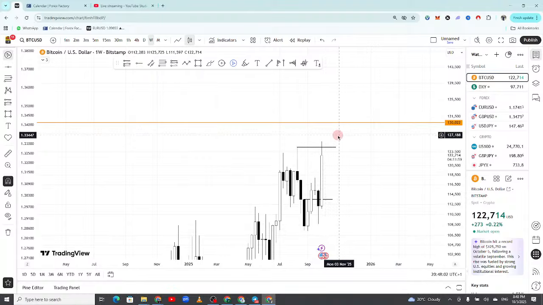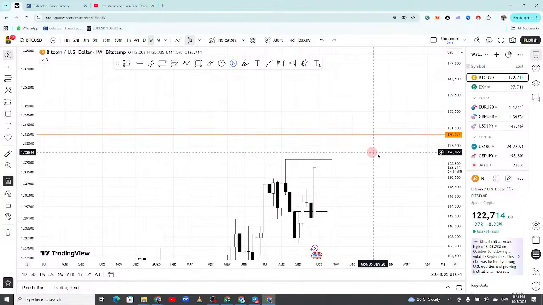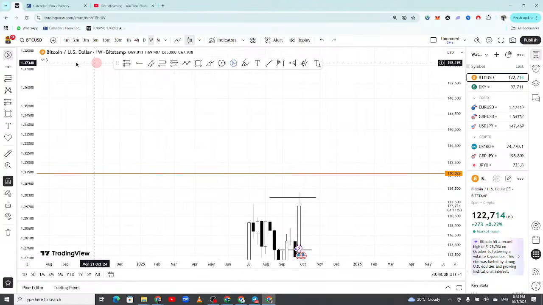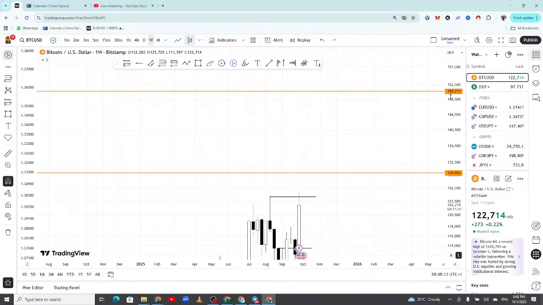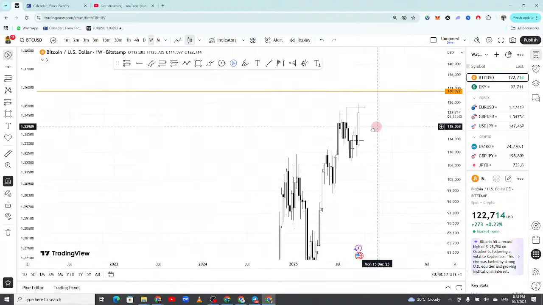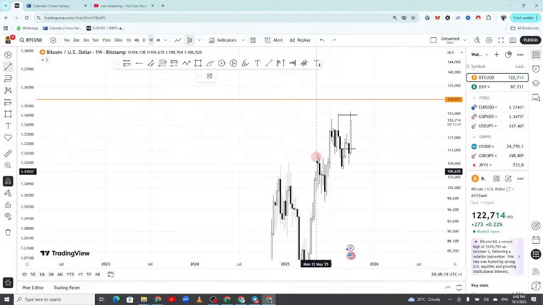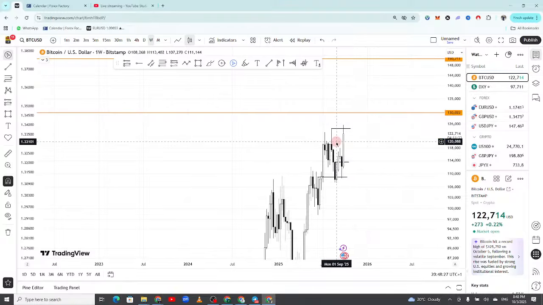Maybe after 130,000, I don't know if price will really want to go to 150,000. Since we are bullish, and you can see we're having a clear bullish trend to the upside, price respecting bullish PD arrays, then moving higher. So we can continue at least to 130 before we can have a pullback.